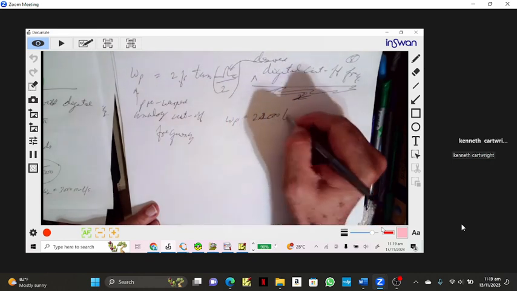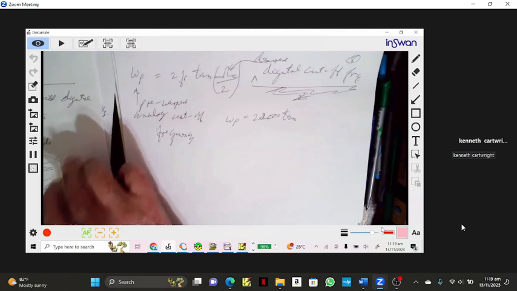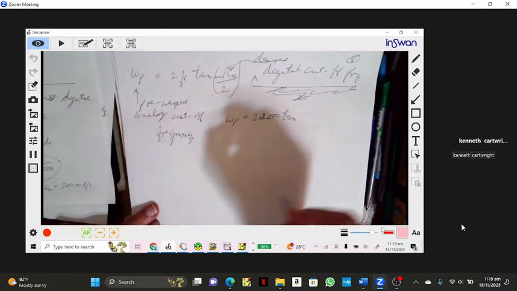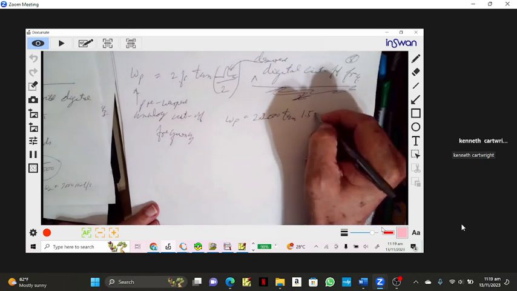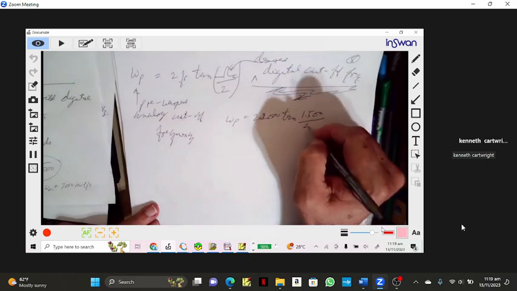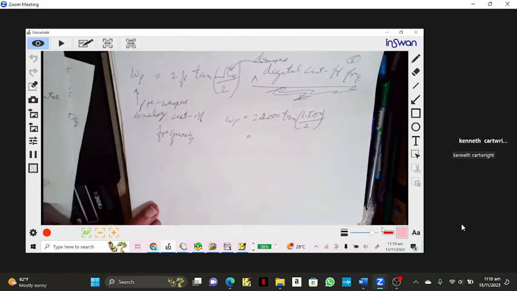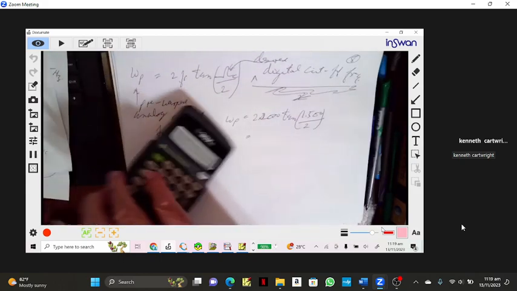And didn't I just work out what omega c was on page 7? Yes, I worked that out as 1.5 rads divided by 2. And I have my calculator in radian mode.